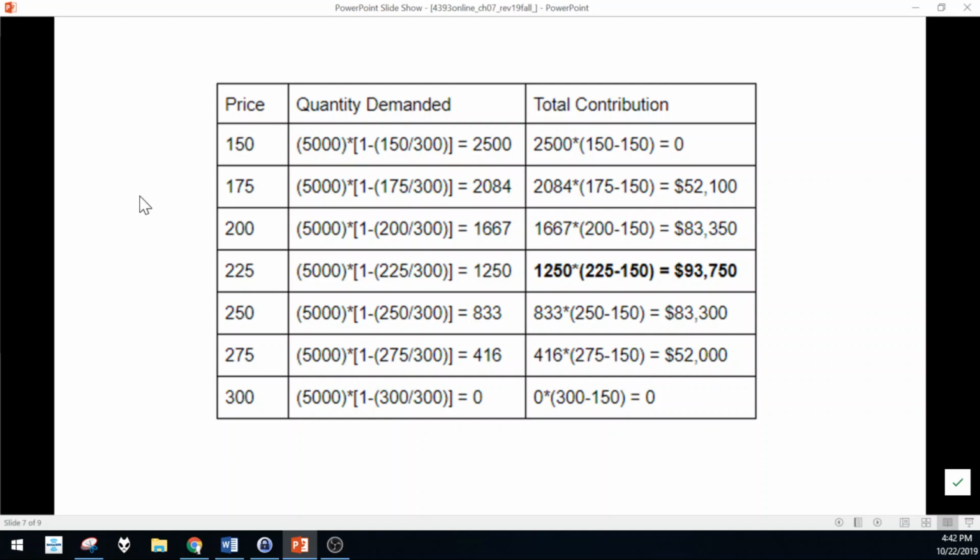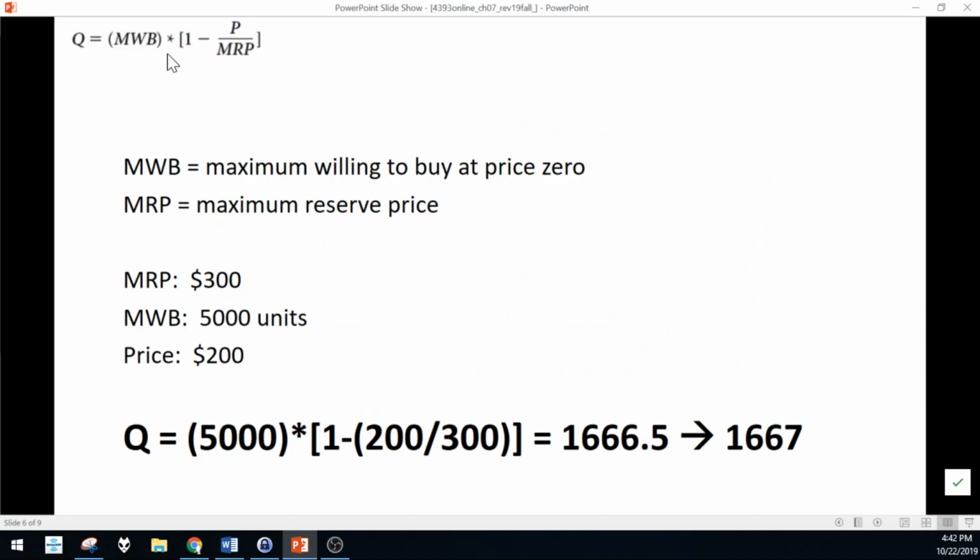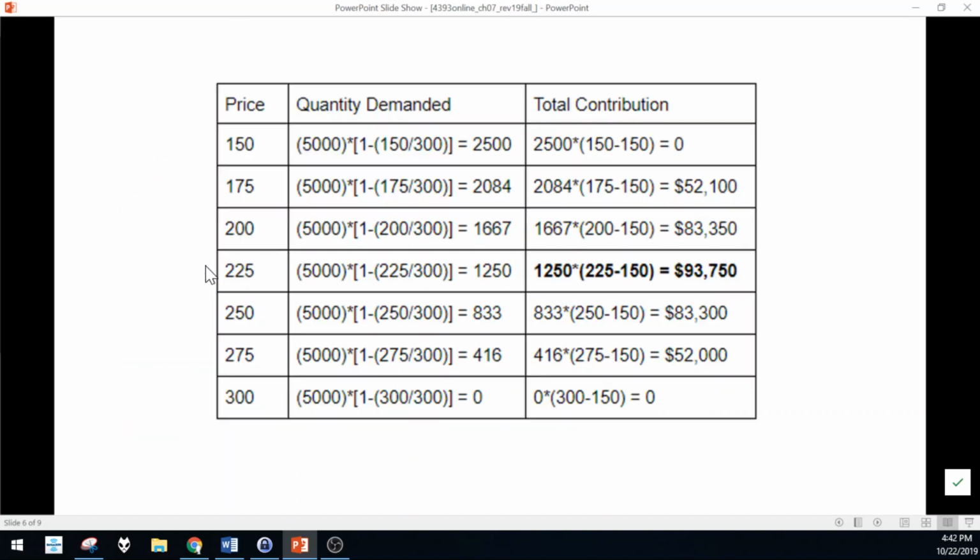Basically you'll take this formula and use that to calculate quantity demanded for all 7 of these price points. And then once you get that quantity demanded, you'll multiply it by the contribution per unit, which is going to be price minus variable costs. So this is going to be 150 minus 150, 175 minus 150, and so on and so on.